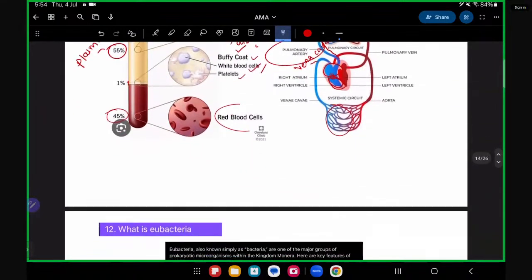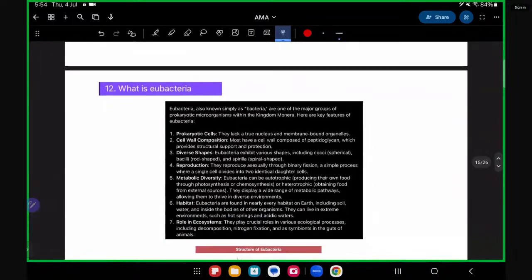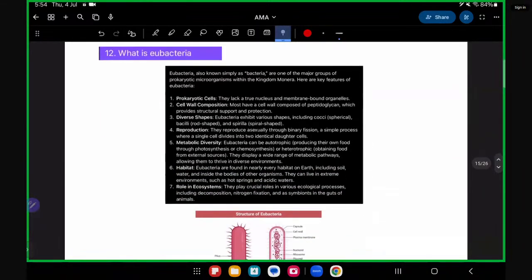Next question, we have question number 12. What is eubacteria? You know the kingdom Monera, right? Monera, the first point is they are unicellular.